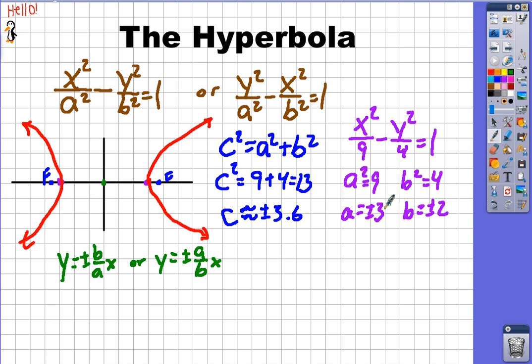And the box method uses a and b. What we do is we go out a to find our vertices, but like the minor axis of the ellipse, we're going to do b as well. And so that's going to go plus 2 and minus 2. And then if we draw a dashed box, a rectangle really, going through the two vertices and the two b values, we get that.